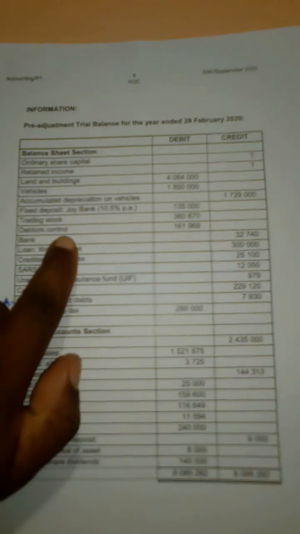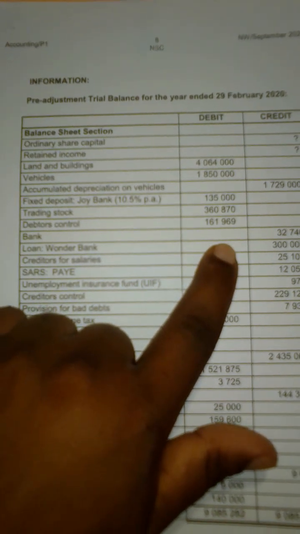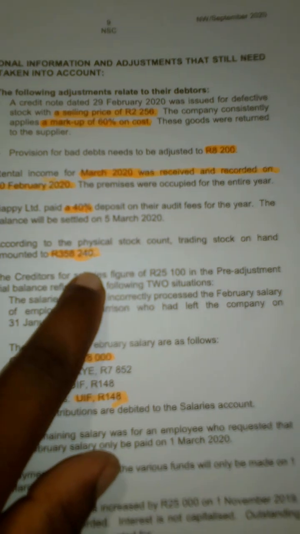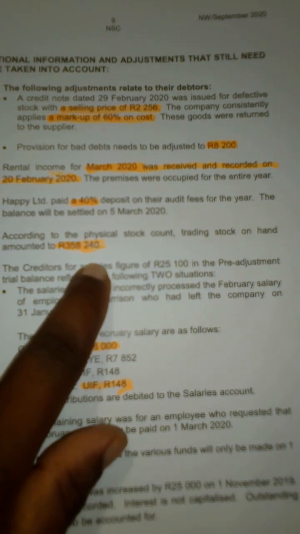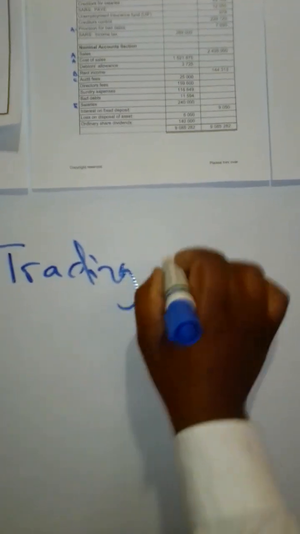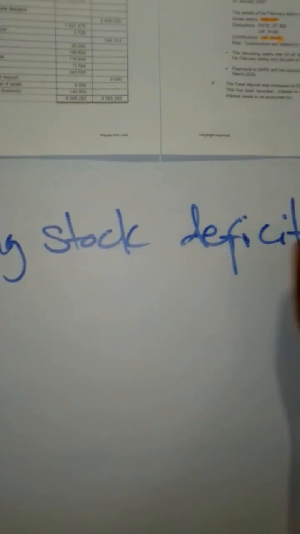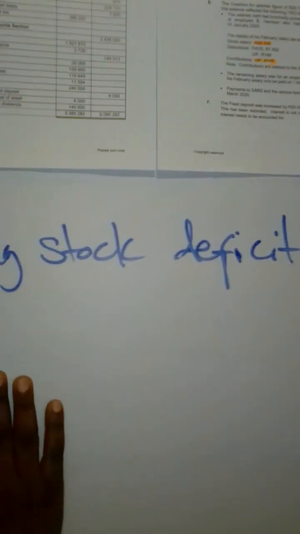So the trading stock in the pre-adjustment trial balance is 360,870. The one that is on hand is 358,240, which is a lesser amount. So we have got a trading stock deficit. Let's calculate the trading stock deficit. Trading stock deficit is an expense, so you record it under the operating expenses.